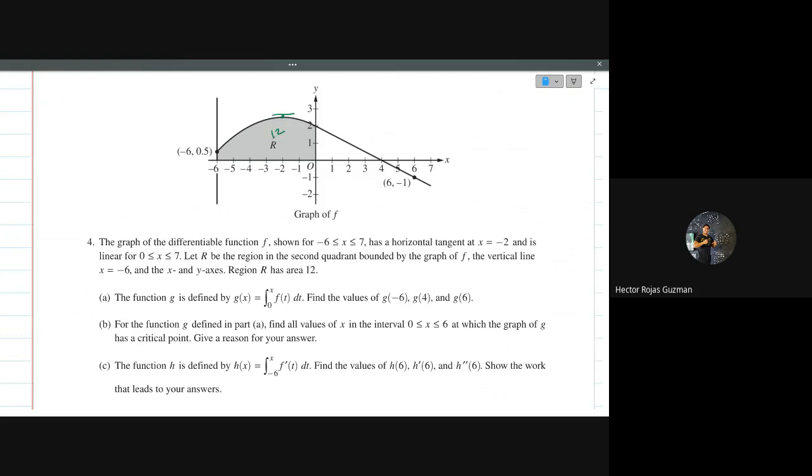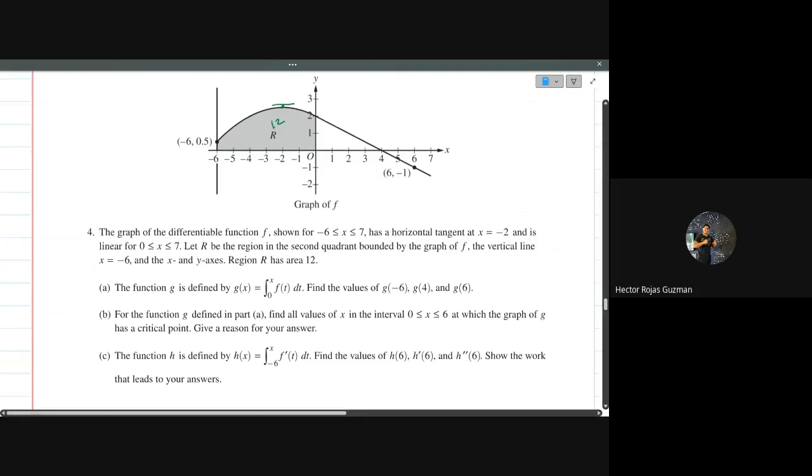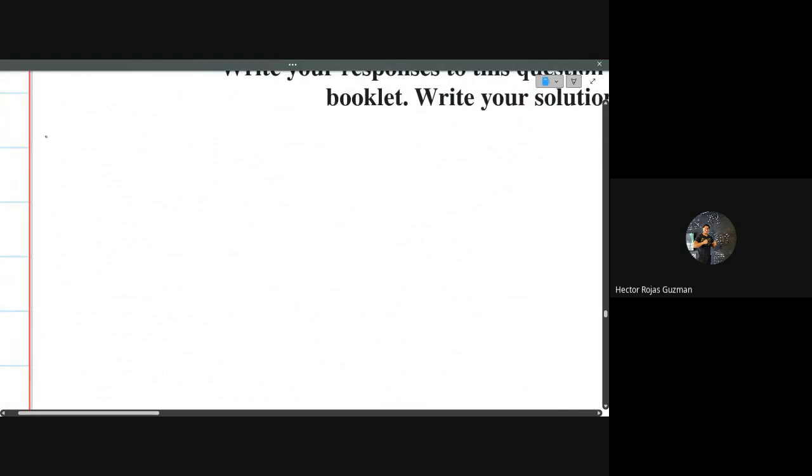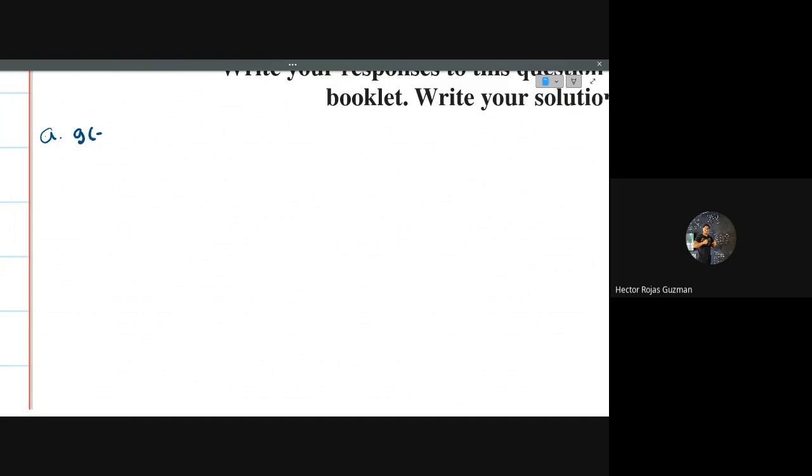The function g is defined by g of x equals the integral from 0 to x. We're going to have to find g of -6, g of 4, and g of 6. A. G of -6. All right. Let's go ahead and use the integral given to us.